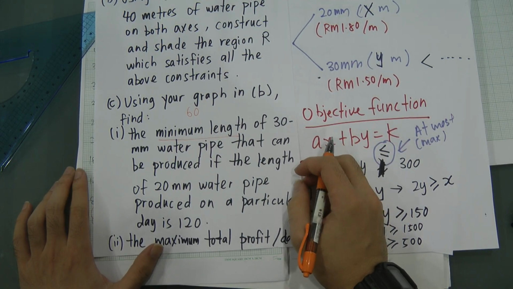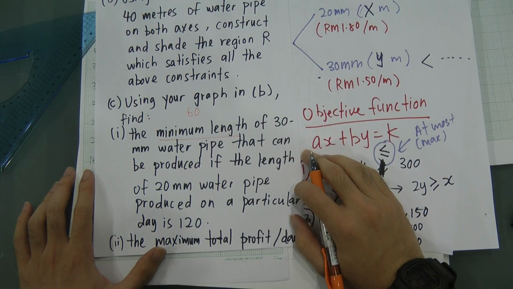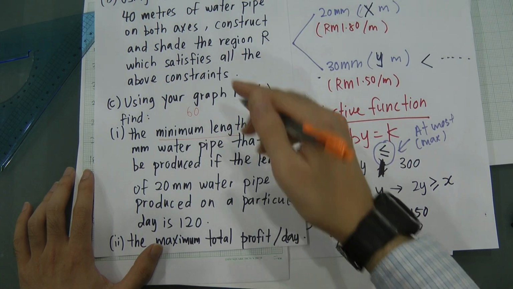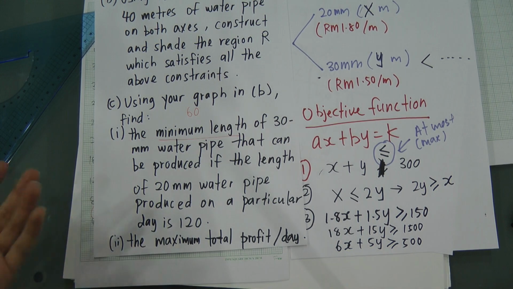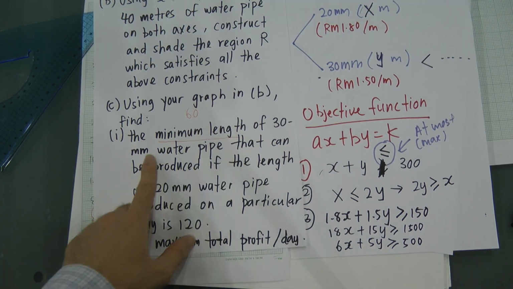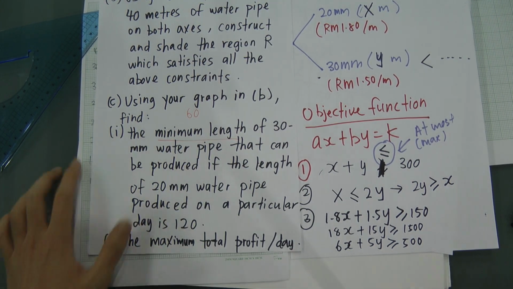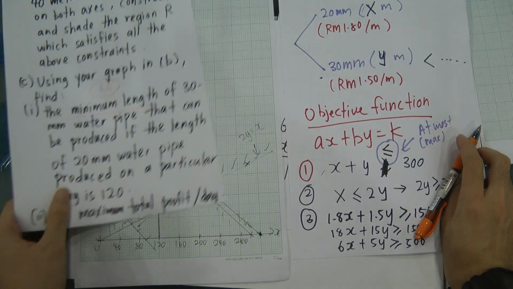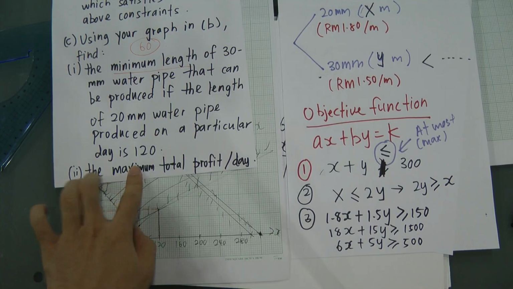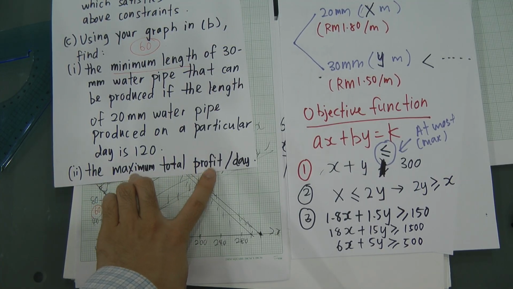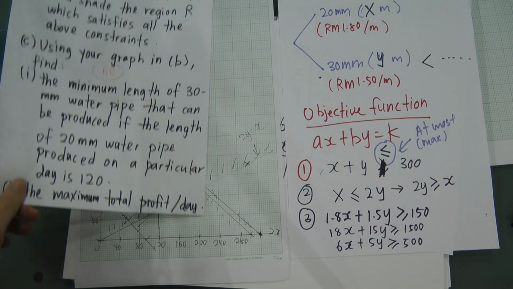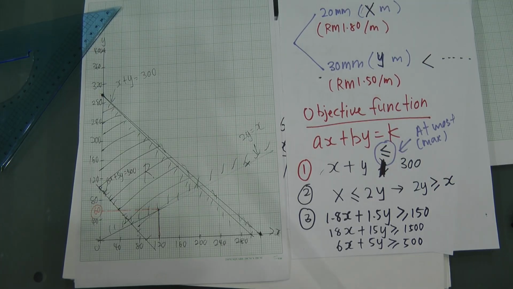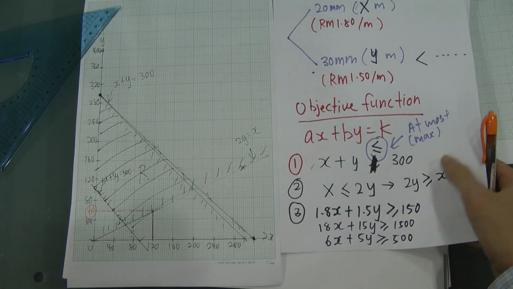Means in one day they can produce 60 meters of the 30 mm water pipe. Okay, you got 60 for this one. And then the next one, the maximum of the total profit of the day. This one we have to go back to the objective function.